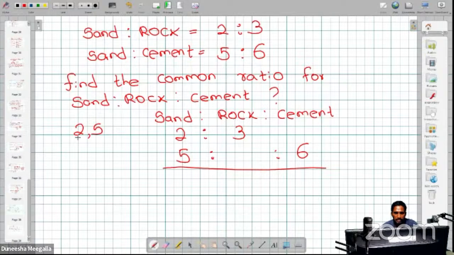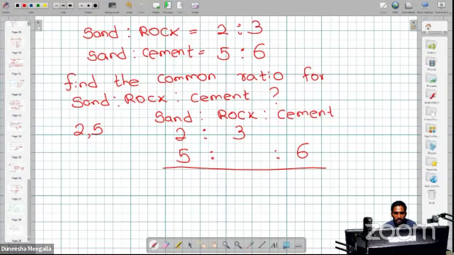What is the least common multiple? Least common multiple එක කීයද? 2 and 5?